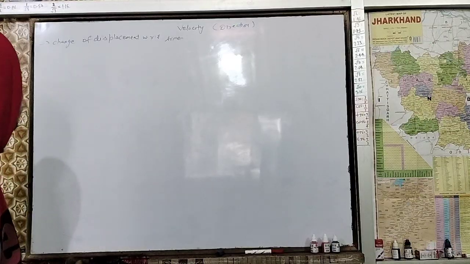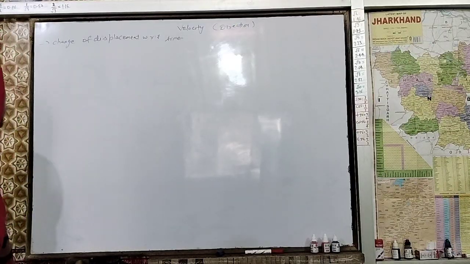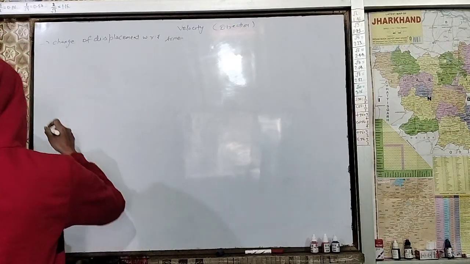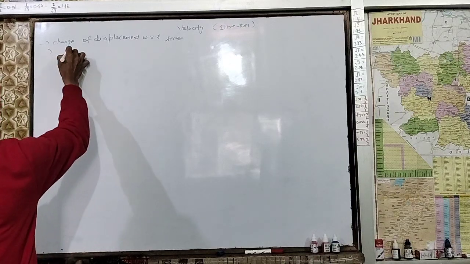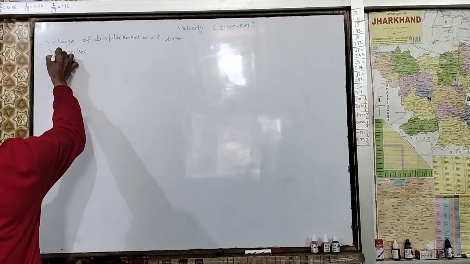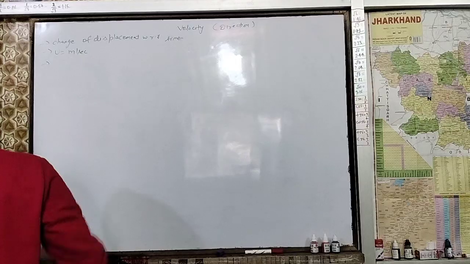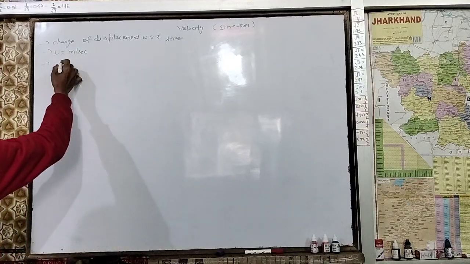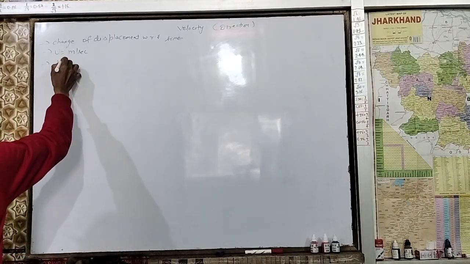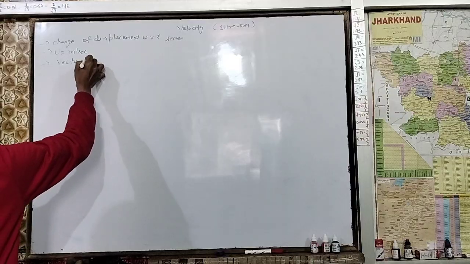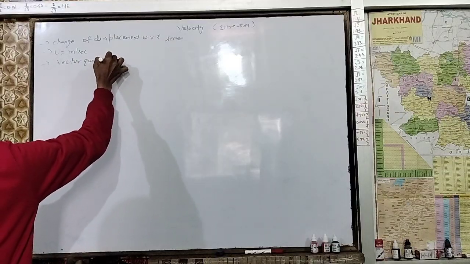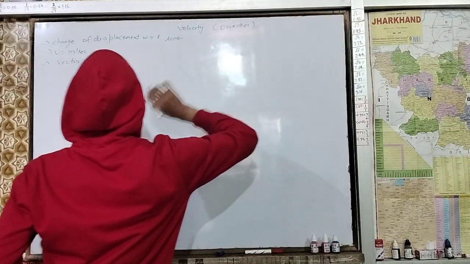And for speed, change of distance with respect to time. This is what we saw. Now the unit will be the same, meter per second. But when it comes to quantity, which quantity is it? You would say vector. The reason is it provides a direction.